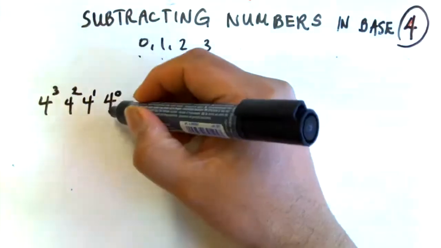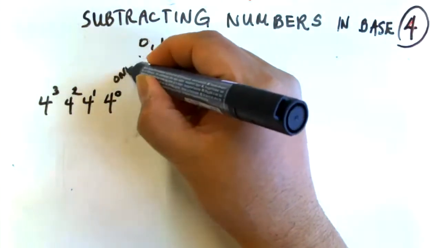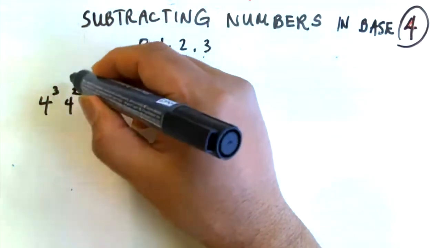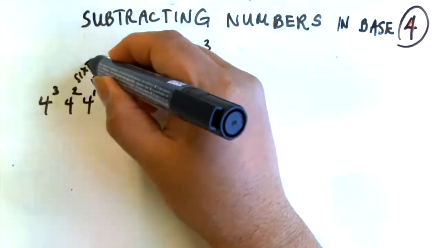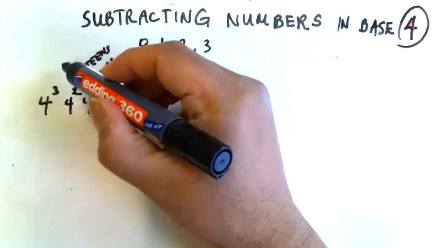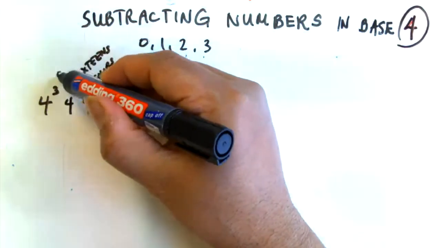In a way, everything here is in ones, everything here is in fours, and here is 16s, and of course 4 raised to the power of 3 is 64.